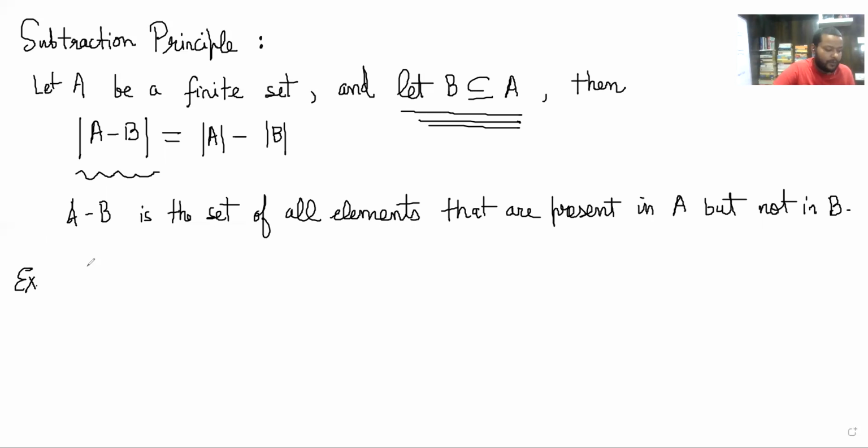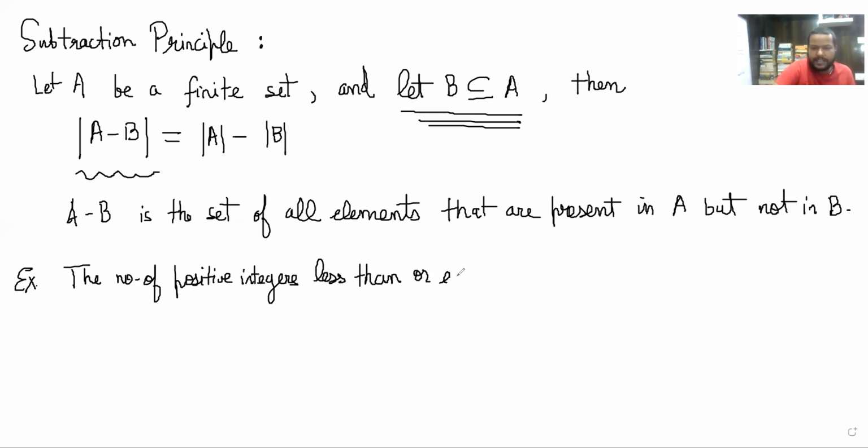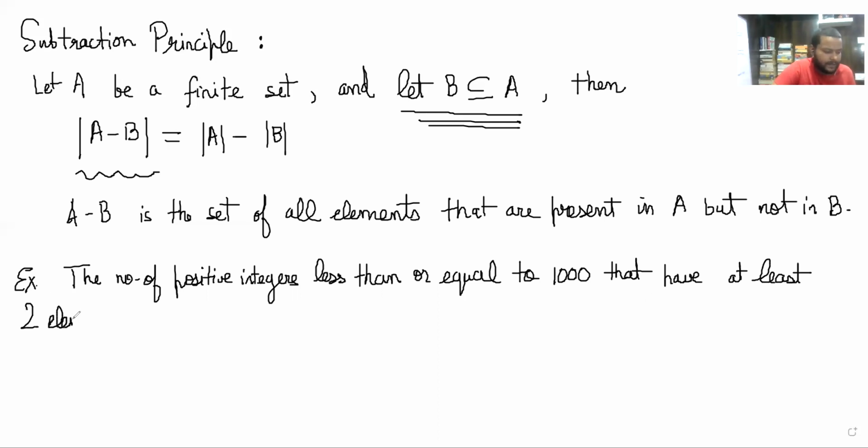The question is: the number of positive integers less than or equal to 1000 that have at least two different digits.